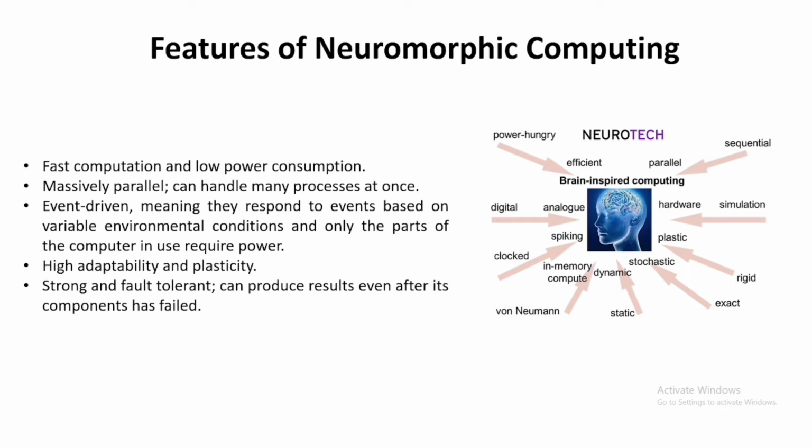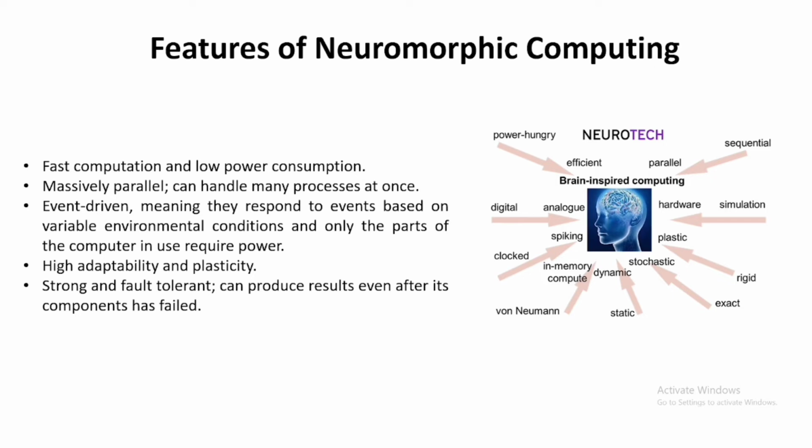Now, neuromorphic computing is strong and fault tolerant. Neuromorphic computing, as I have already mentioned, is very fast and uses a new chip architecture. So, as a result, when processes and tasks are taking place on an individual neuron, even if other neurons fail, the processes which have already taken place on other neurons can still be executed and can still produce results.